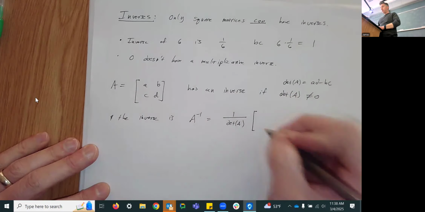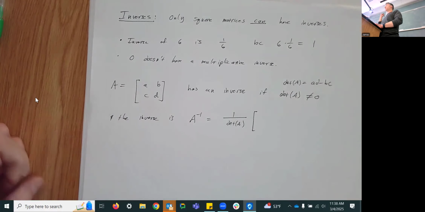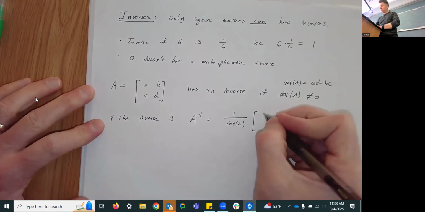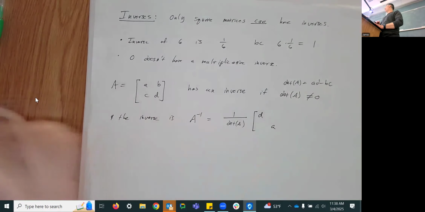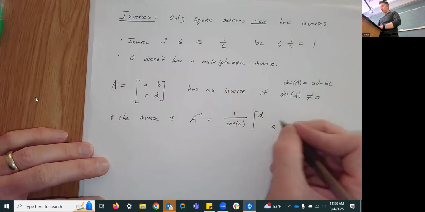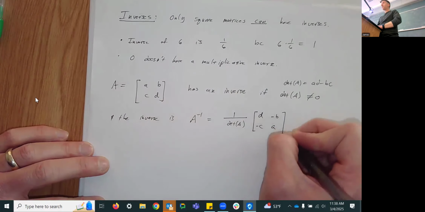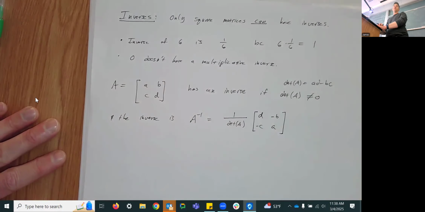And then here's the way I always think of it. Interchange the diagonal entries, so A and D switch places, and the off diagonals change signs. So whatever B was, you have the negative of that there. Whatever C was, you have the negative of that there. That's your inverse matrix.